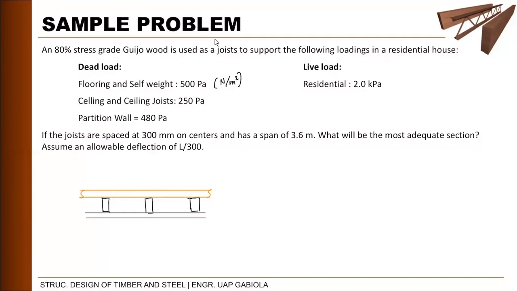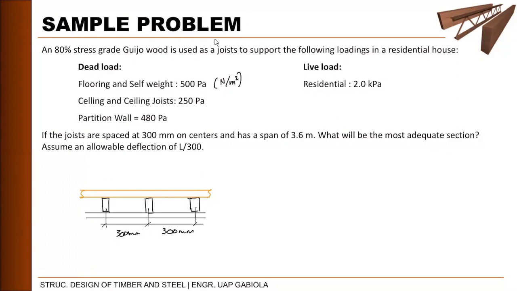Okay? Ayan. And then, sabi spacing ng ating joist is 300 mm on centers. So we have 300 mm. Okay, and then meron pa tayong partition wall. So pwede nating i-assume na meron siyang partition wall dito, no?